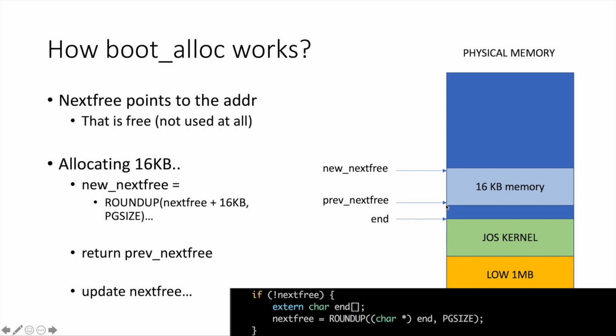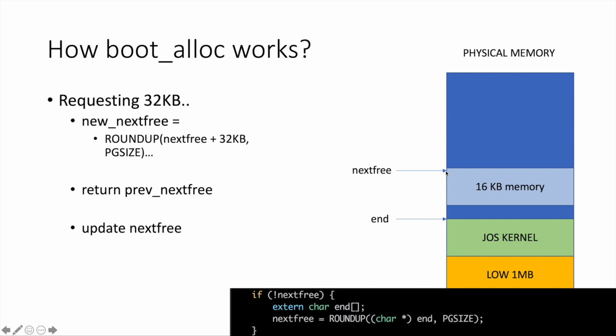Additionally, we create a new variable, prev_nextfree, to point to the previous location of nextfree. And then we can update nextfree to this new_nextfree. Like this, we can keep the invariant: anything above nextfree is free.